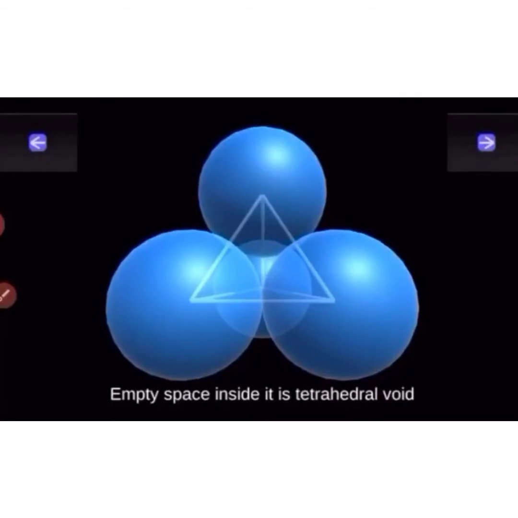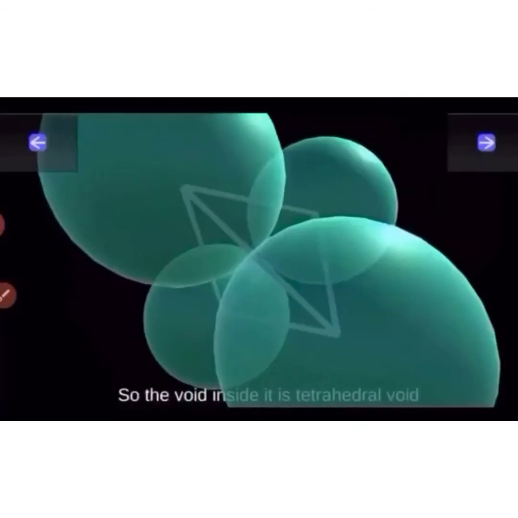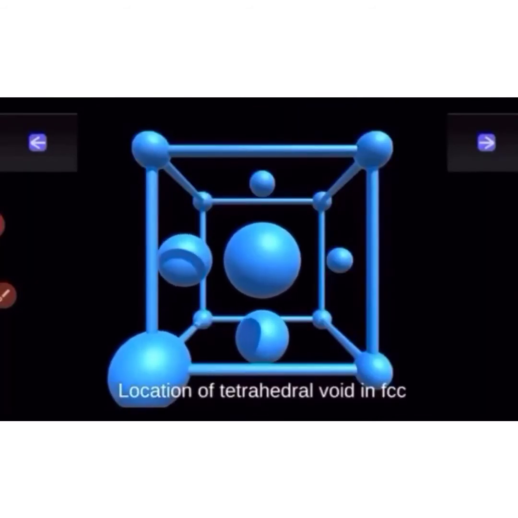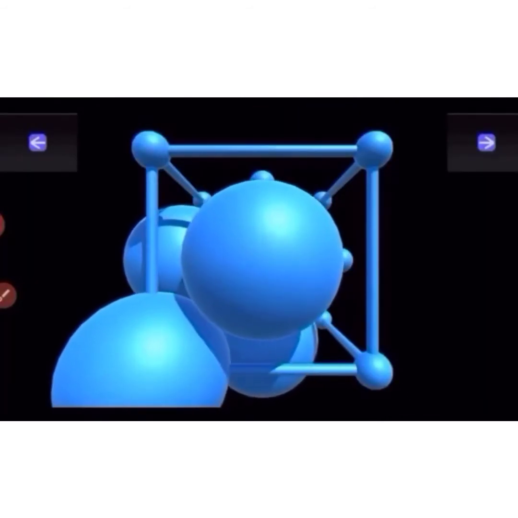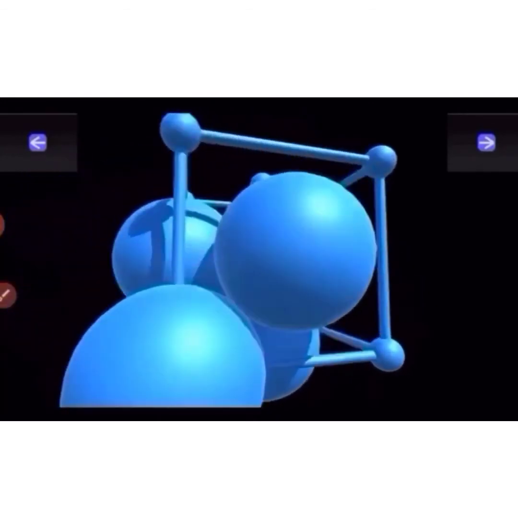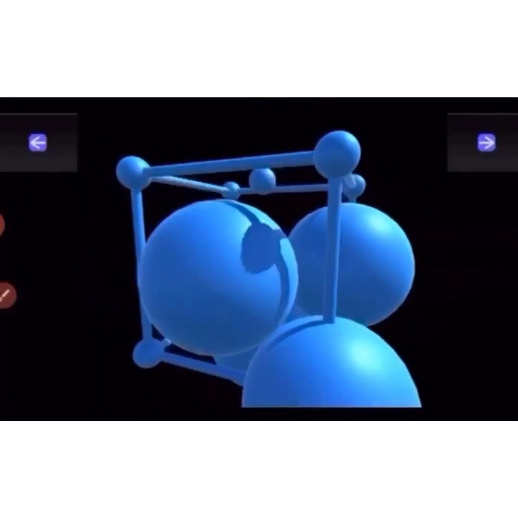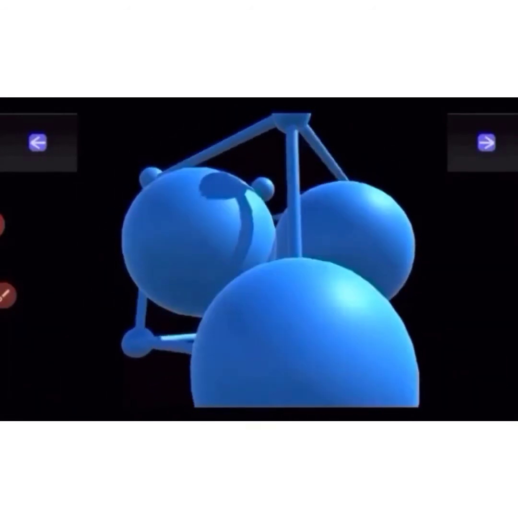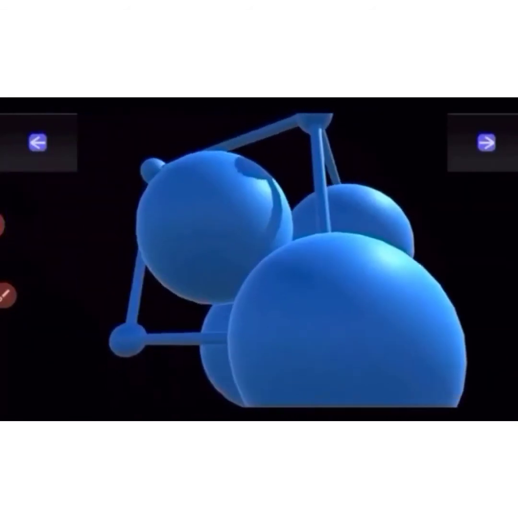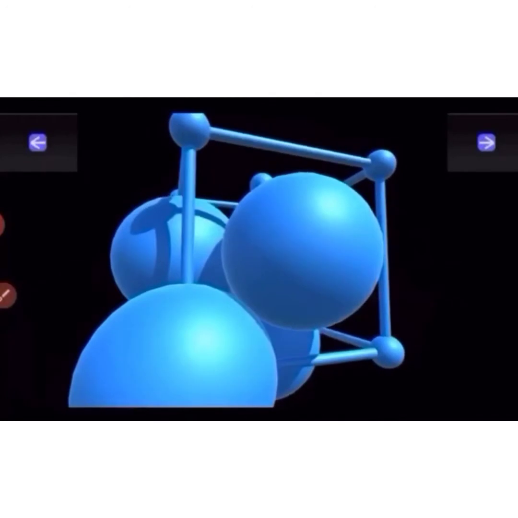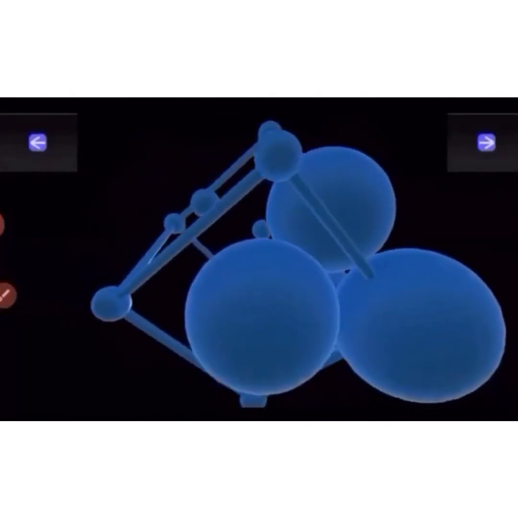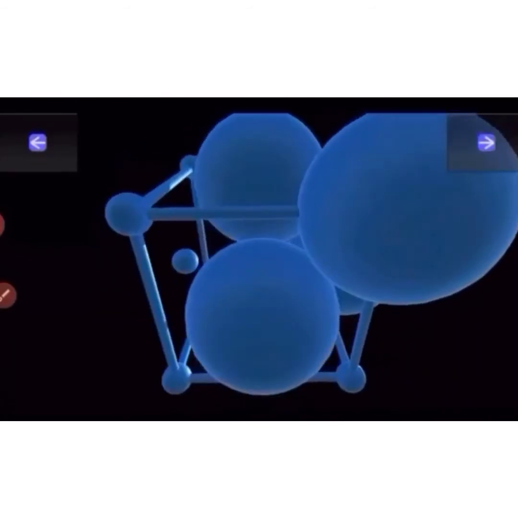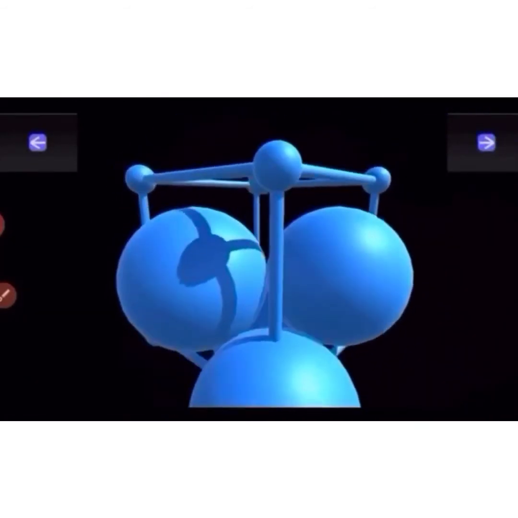The empty space inside these 4 spheres is called a tetrahedral void. Mostly tetrahedral voids are located in FCC or CCP structures. Tetrahedral voids are twice the number of atoms present.